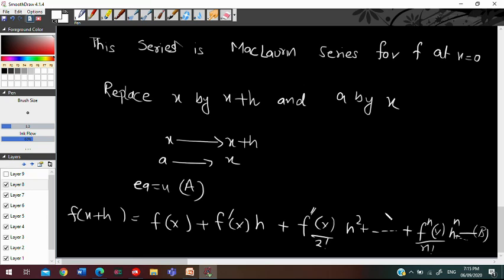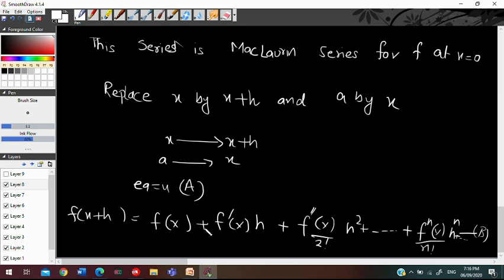It can be stated as: if x and h are two independent quantities and f of x plus h can be expanded in ascending power of h as an infinite series, then we can write such type of expansion.